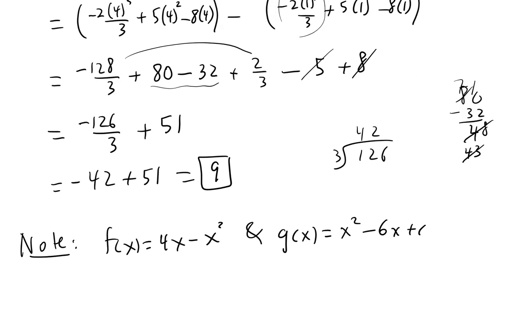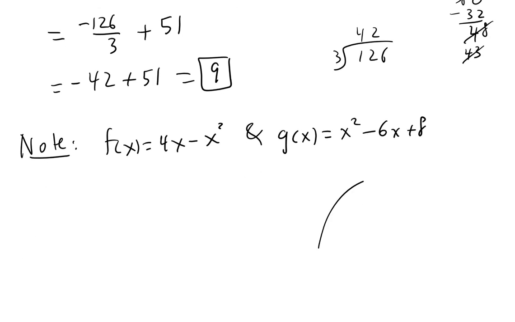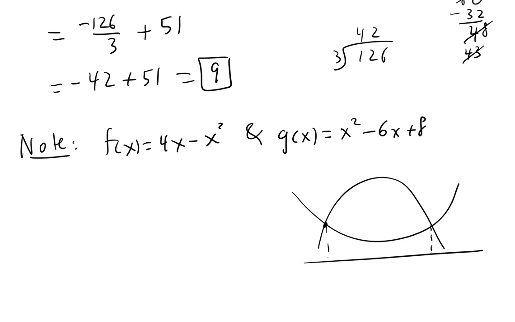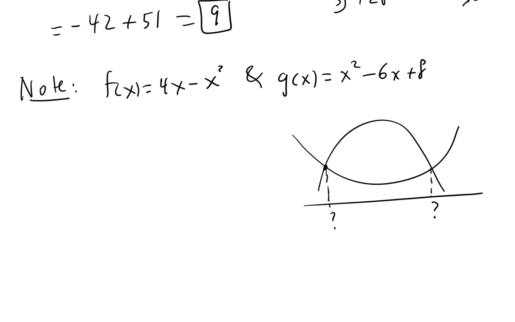And we would like to know how to find where they intersect. We need to know from what point to what point. To find points of intersection, we set them equal to each other. So you set f of x equals g of x to find points of intersection always.